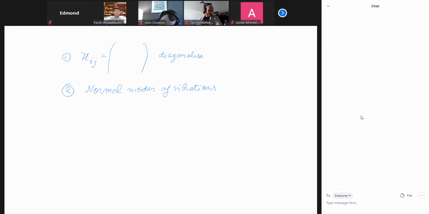If you have done some solid state physics course, you remember that when you do phonons, you have this dynamical matrix that you want to diagonalize to get the normal modes. So in a way, it is similar to the first case, diagonalizing the Hamiltonian. One can classify the basis for this dynamical matrix according to the irreducible representations of the group.